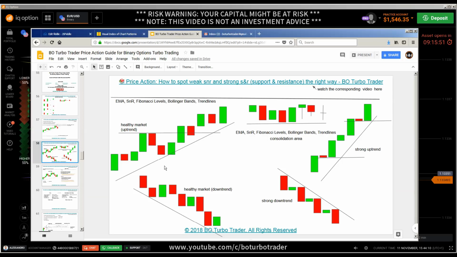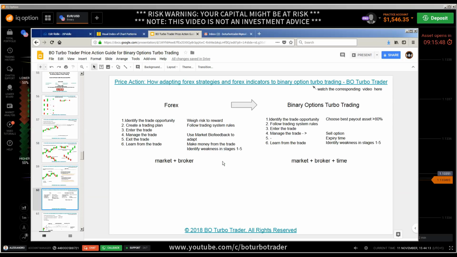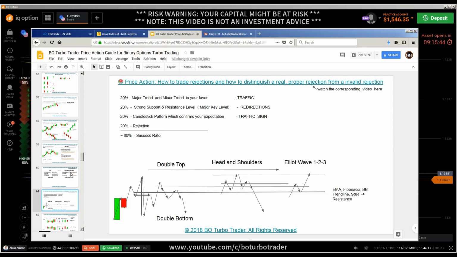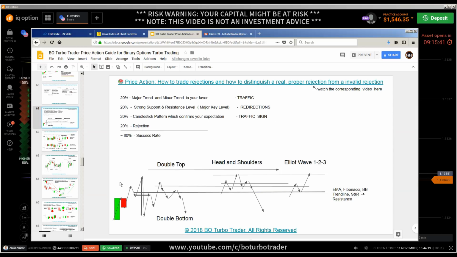So then we've got this part about the EMAs. If you are using EMAs, understand how to read them. Again, the 4 keys, because I got so many questions about how to trade based on the 4 keys. I can only say, if you are doing those 4 keys, the trend, the key level, the candlestick pattern, and the rejection, you have approximately an 80% success rate, and that is due to the random factor which is always behind this, because you cannot control each and every factor in trading.